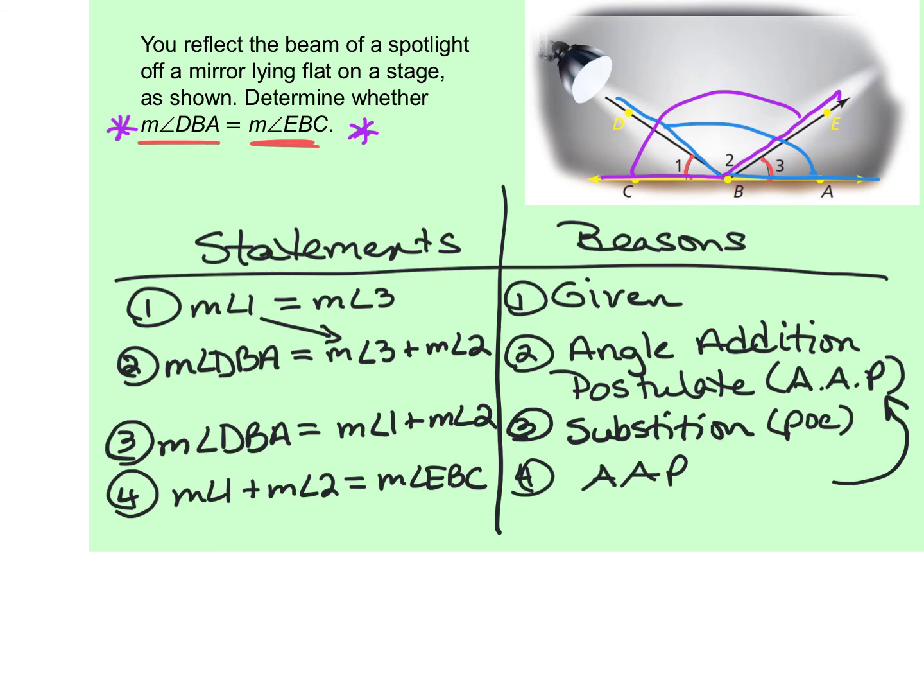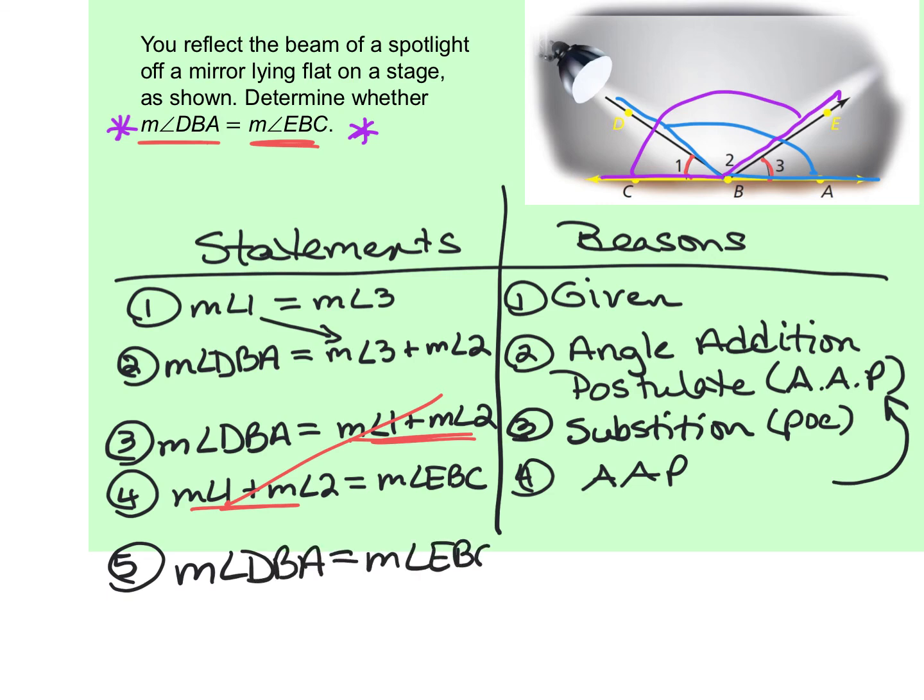Now, the reason why I did it like this is I'm going to apply my transitive property, because if the measure of DBA equals 1 plus 2 and 1 plus 2 equals EBC, you see how these are going to overlap and blend together? So they sort of cancel out, and now you can conclude that the measure of DBA equals the measure of EBC because they both equal 1 plus 2.